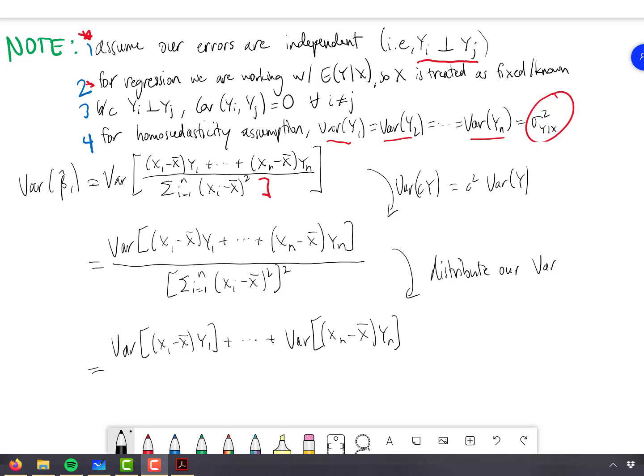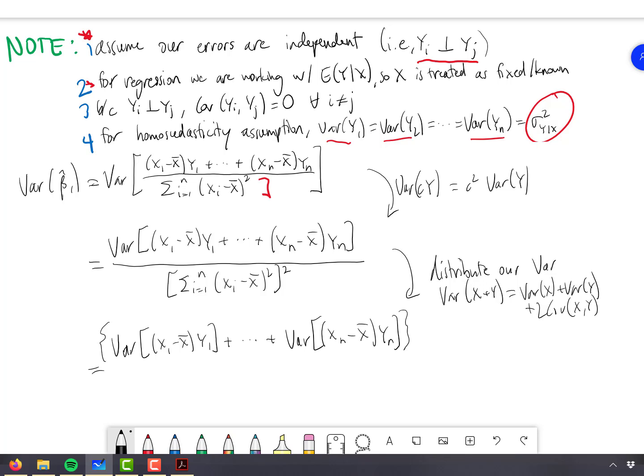yn. Now the one thing we need to note here is that the variance of x plus y is really equal to the variance of x plus the variance of y plus 2 times the covariance of x and y. So even though we've distributed the variance out for our first part of the terms, we still need to add all of these combinations of 2 times the covariance of x and y.